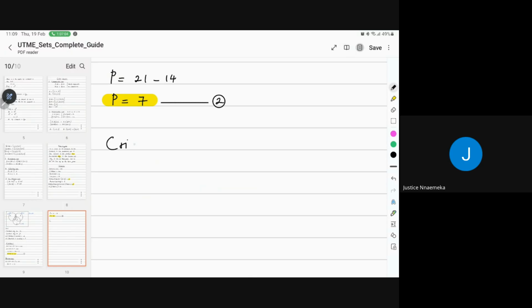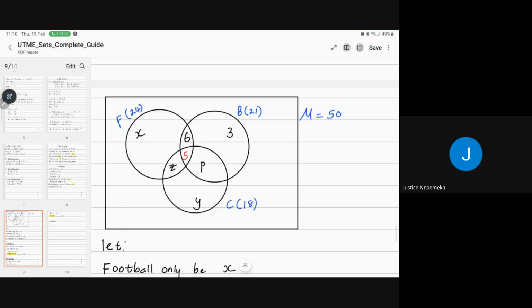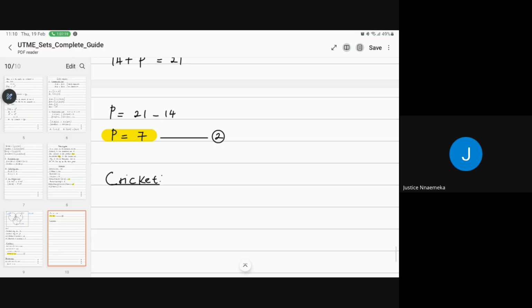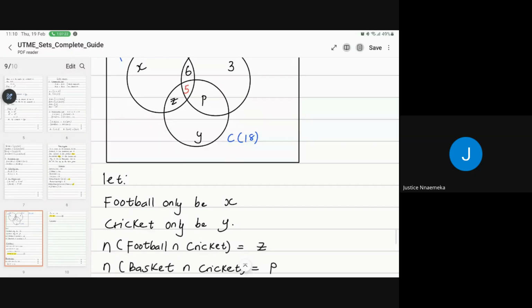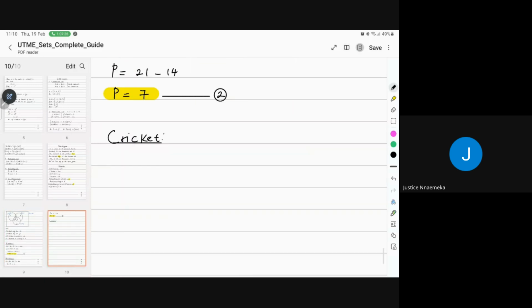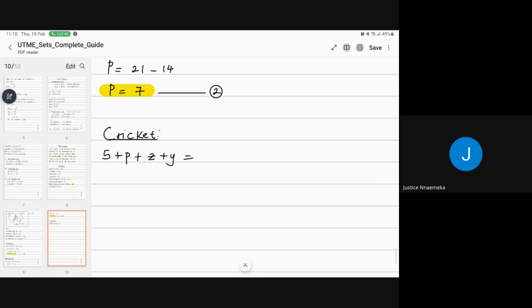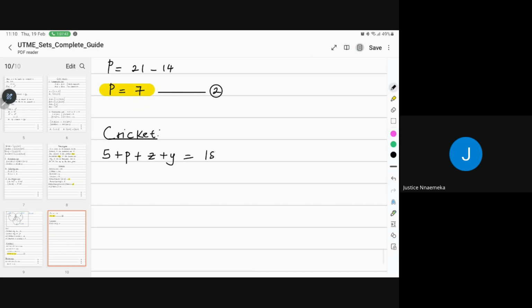For cricket, we have 5, Z, P, and Y. So we have 5, P, Z, and Y is equal to how many persons like cricket? The total number of persons that like cricket is equal to 18.